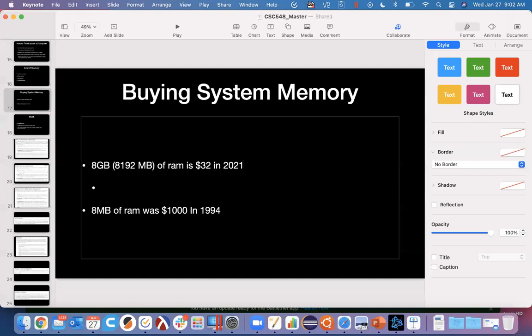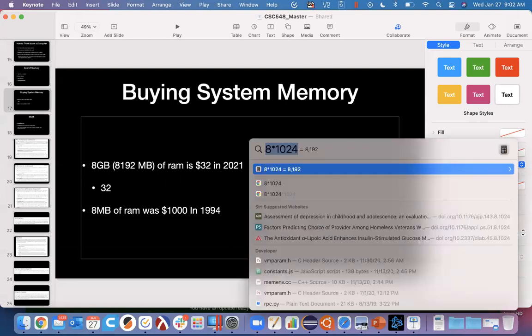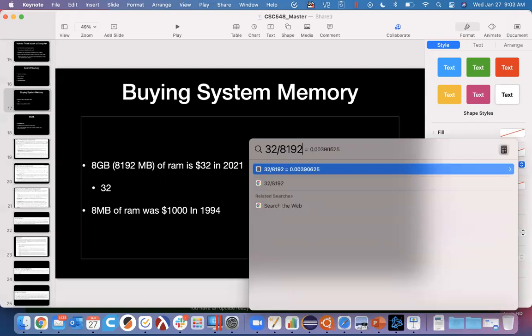So that means that if I take 32 and I divide it by 8192, let's do it, we'll probably do it in pennies maybe. Well, this will be in dollars, that's fine. So 32 divided by 8192 is $0.004 per megabyte.